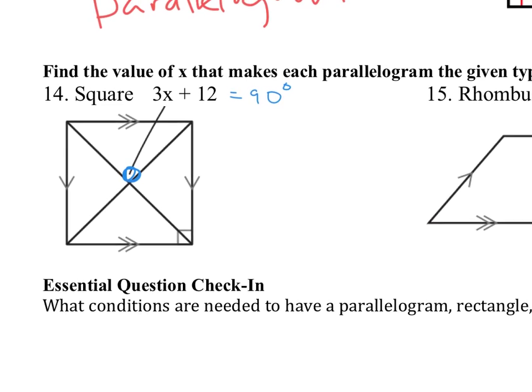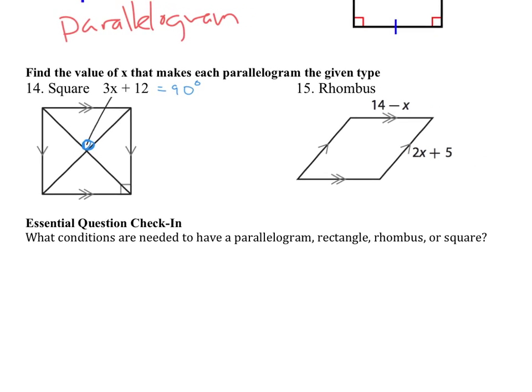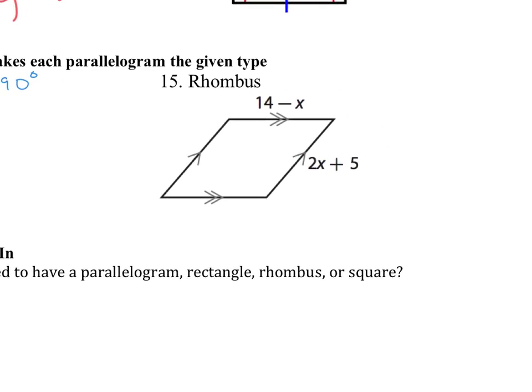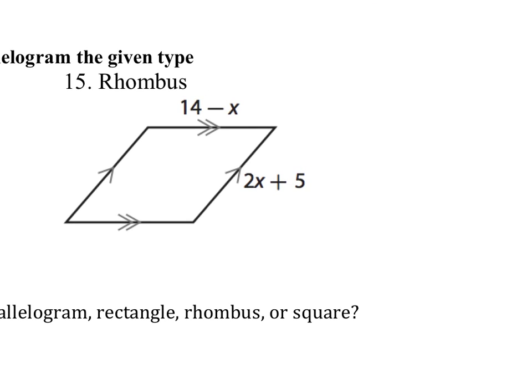I'm going to have you set that up and then solve, and you can finish that one on your own. And again, a rhombus: all sides of a rhombus have to be congruent. So if that's the case, these two sides would have to equal each other. I'm going to let you finish that one as well.